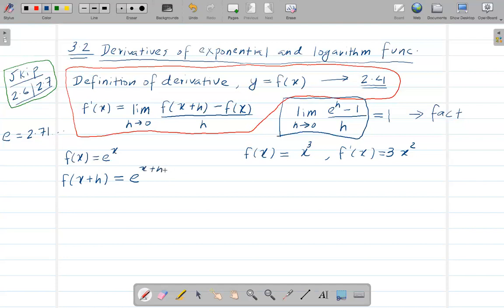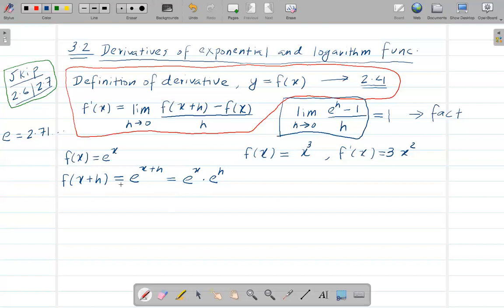This is equal to e to the power x times e to the power h, because when we have two terms with the same base, we can combine them into a single base and add the powers. This is in the opposite direction, but the two are still equal.